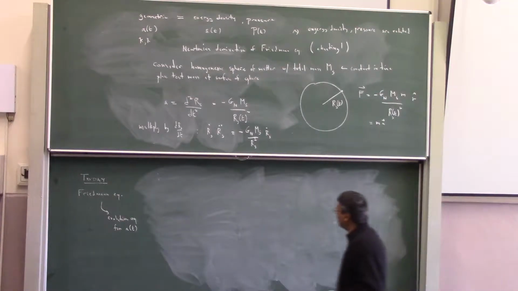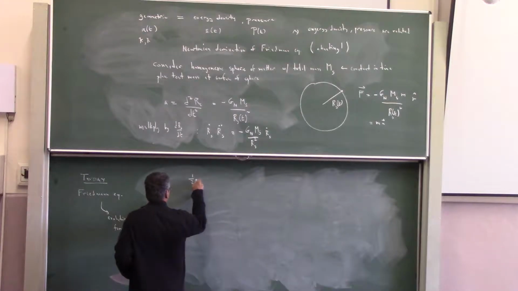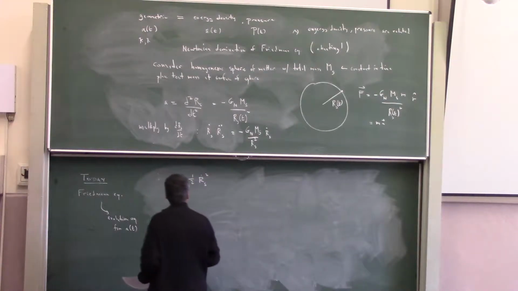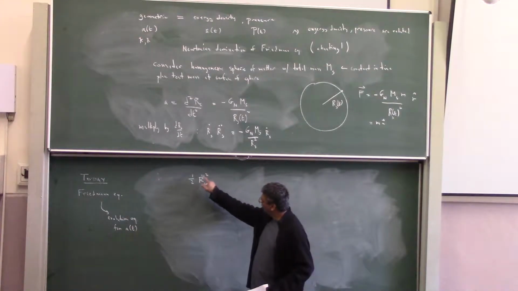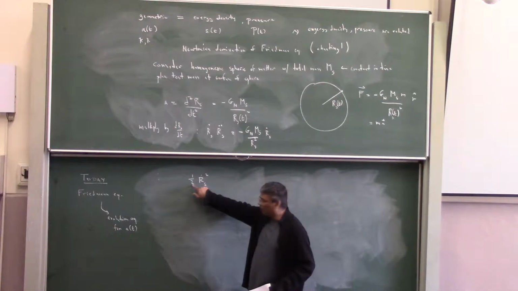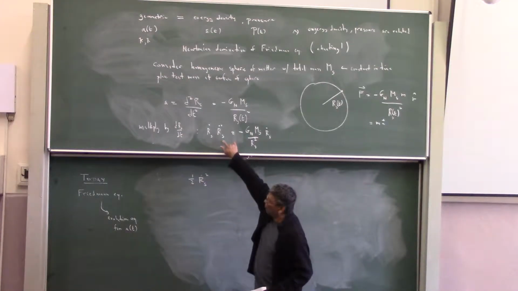So the integral here is 1/2 r_s dot squared. Take the derivative, we get the 2 canceling this factor of a half, you have r_s dot, r_s double dot, which is what we have up here.